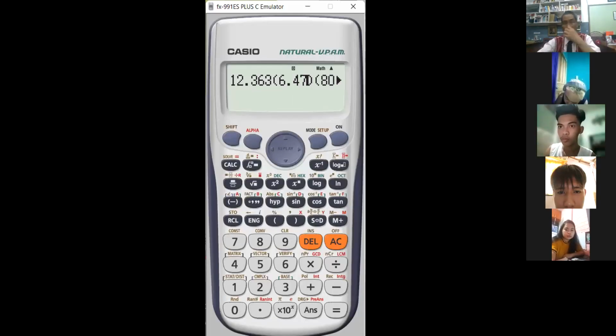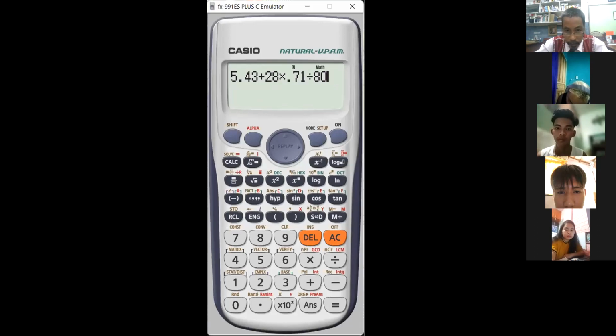It is not this one. So I will share the other calculator. Okay, this one. 5.43 plus 28 times 0.71 divided by 80. So just press the equal sign here, and then you will get 5.6785.